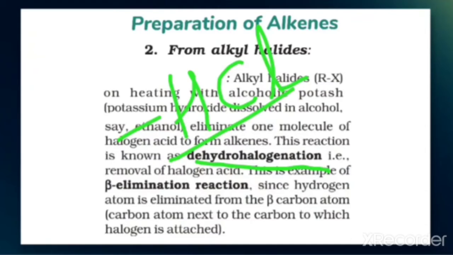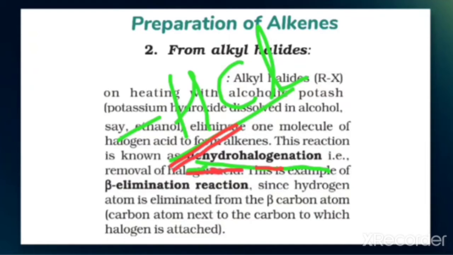Here there is a removal, or elimination, of halogen acid, and it results in the formation of alkene. That's why it is called de. De means removal, the elimination of what? Hydrogen and halogen, both are removed.